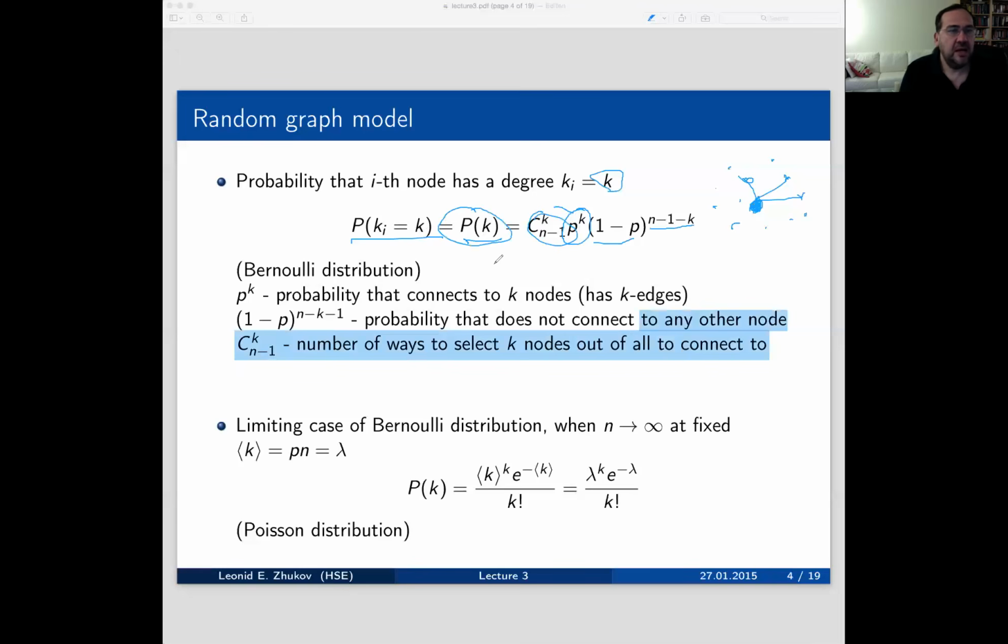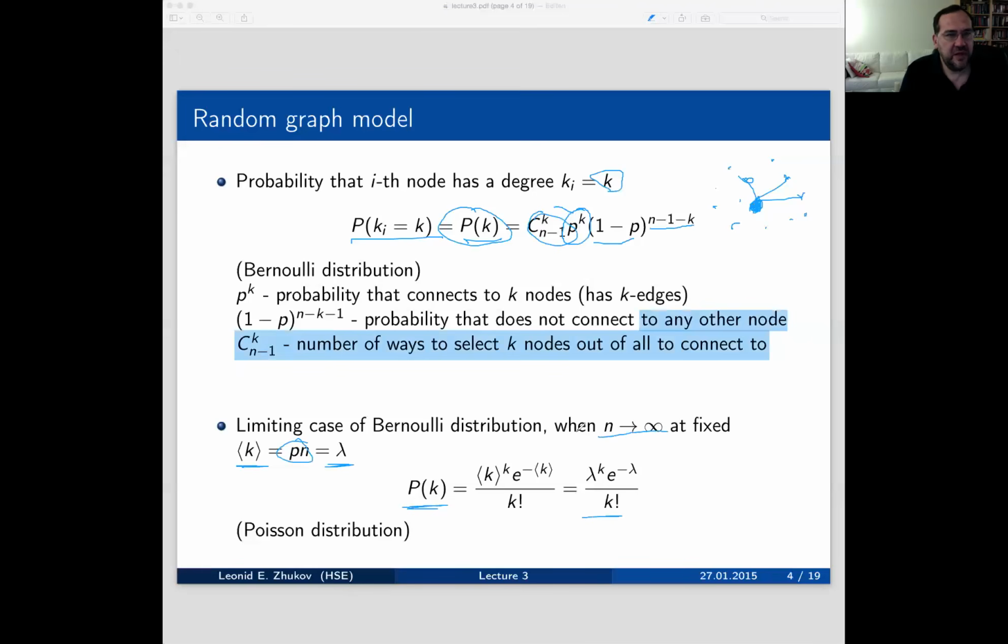Now, if we take this P(k) and fix the average degree of the node, which, as we've seen from the previous slide, is p times n, and call it lambda, and take n going to infinity, which means we'll be building a huge graph, then the distribution will become a Poisson distribution. You probably have seen this trick of going from Bernoulli to Poisson in a course on probability theory.